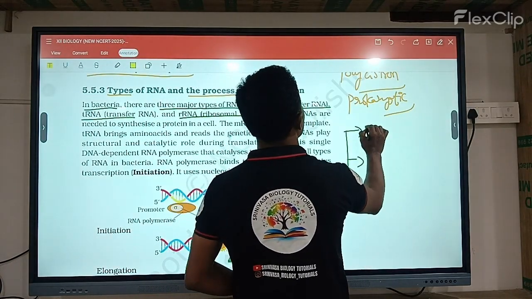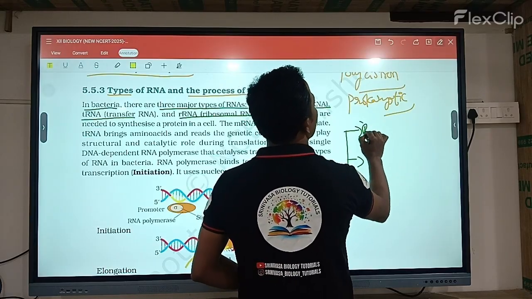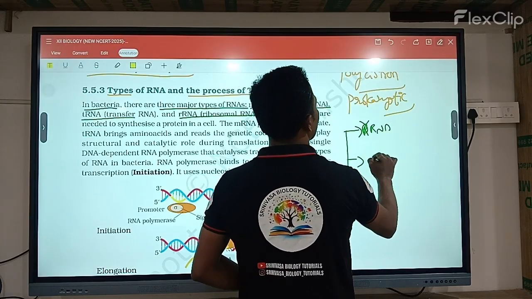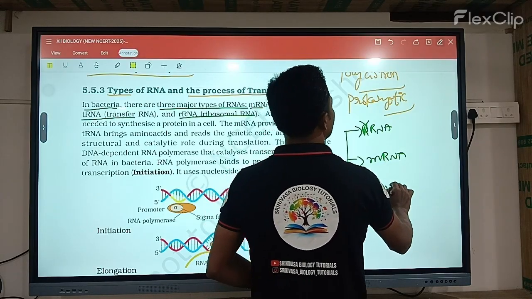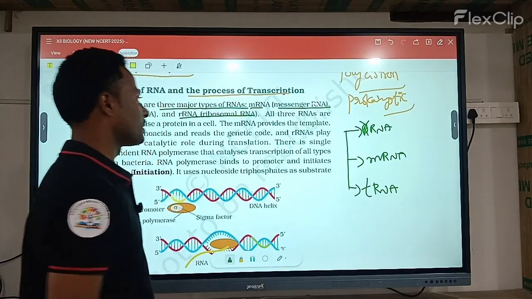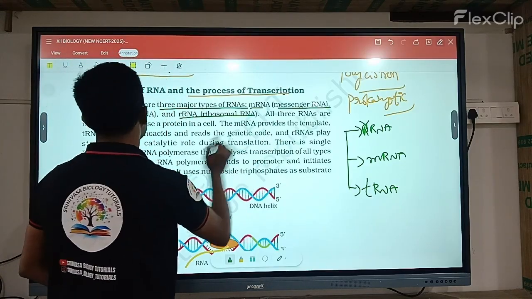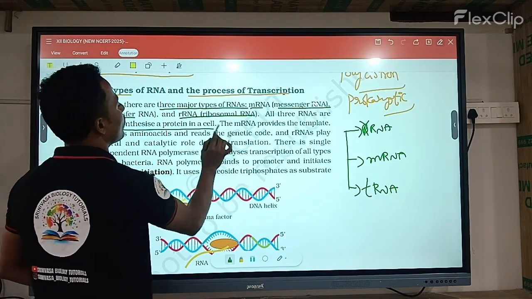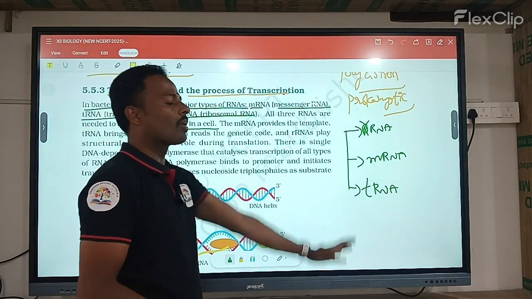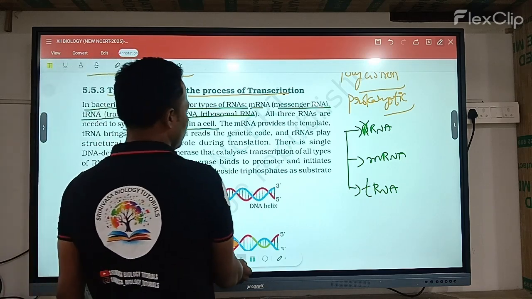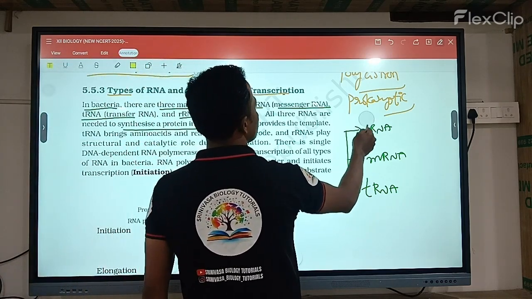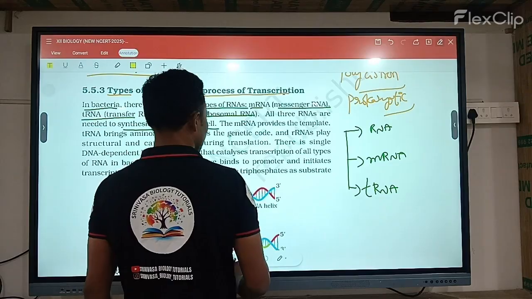Three RNAs: rRNA, mRNA and tRNA. All these three RNAs are synthesized by one RNA polymerase.